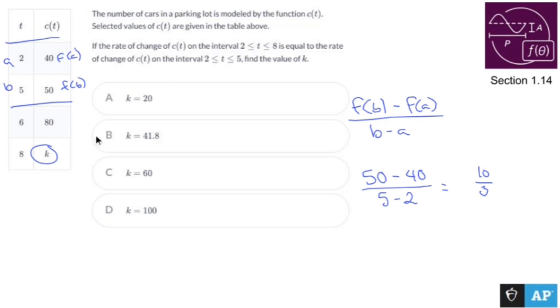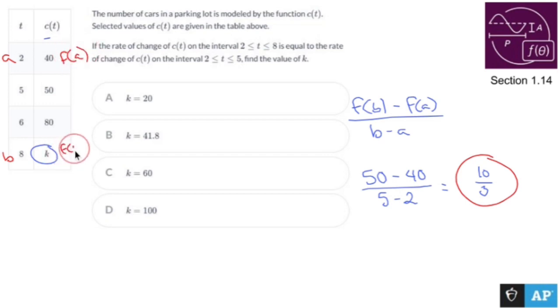They want me to find k, knowing that from 2 to 5 is the same as 2 to 8. So now that I know that my average rate of change is 10/3, I'm not going to do patterns. I'm just going to solve for an equation. Okay, I have f of b minus f of a, where now if I erase all this information and my job is to find from 2 to 8, I'll call you a and I'll call you b, making you f of a, making you f of b.